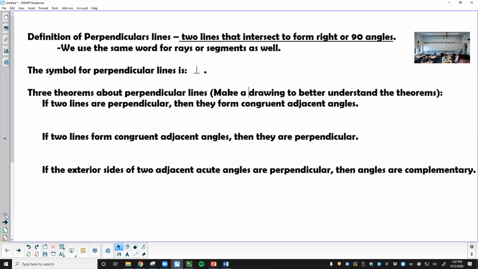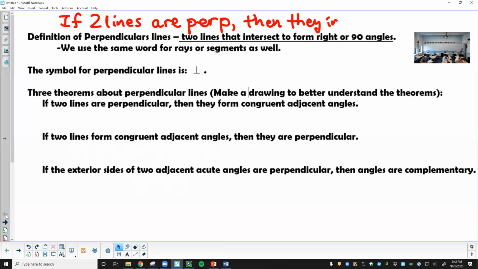So if 2 lines are perpendicular, I'm just going to put perp, then they intersect to form right angles. I would say that's the conditional for the definition, right?